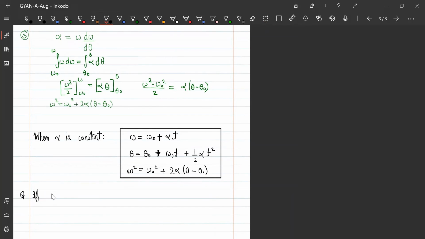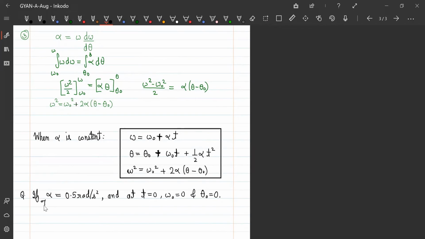अल्फा का यूनिट होता है रेडियन पर सेकंड स्क्वायर. Let us say alpha is 0.5 radian per second square, and at t is equal to 0, omega naught is 0, and theta naught is 0.